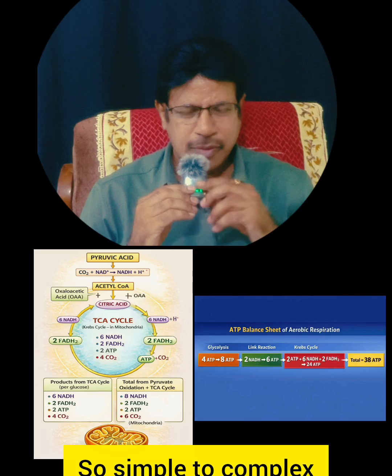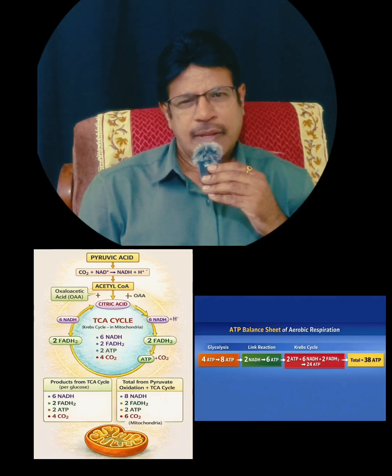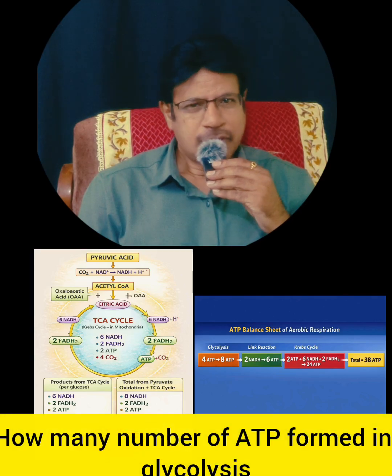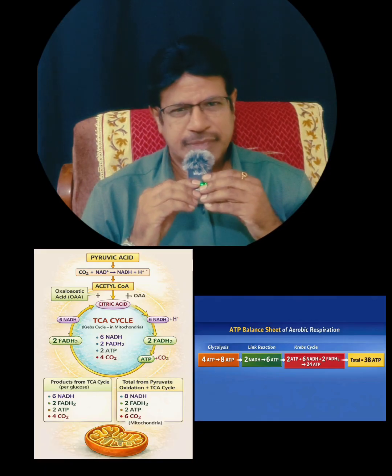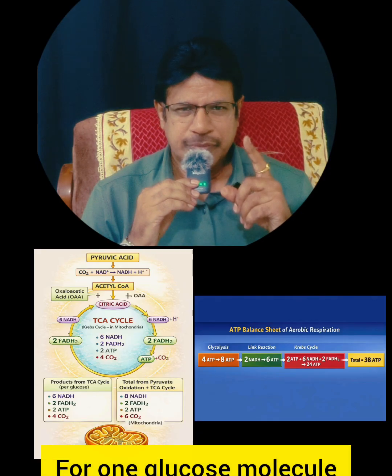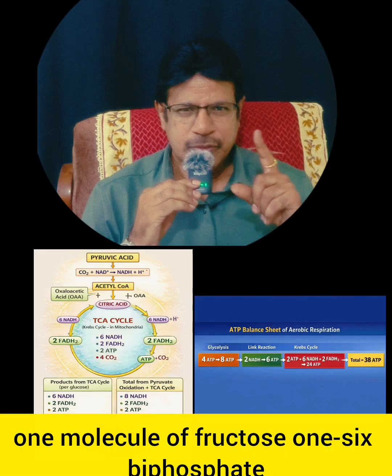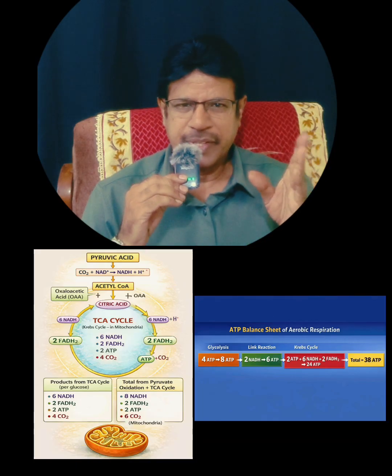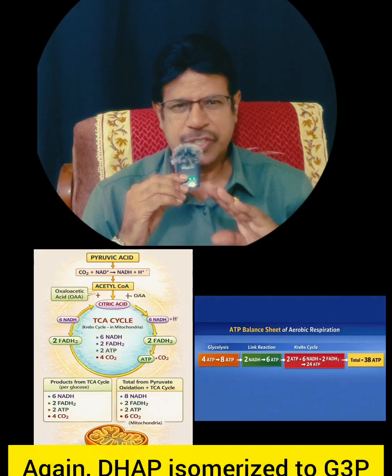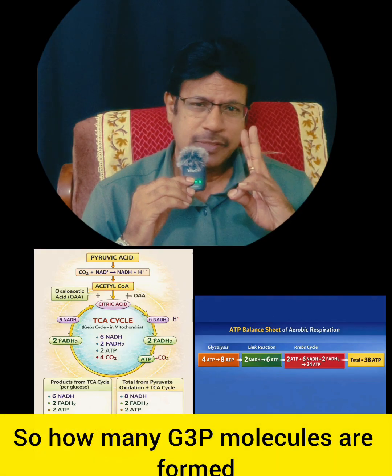So, simple to complex. How many ATP are formed in glycolysis per one glucose molecule? Per one glucose molecule, one molecule of fructose 1,6-bisphosphate is cleaved into G3P and DHAP. DHAP is again isomerised to G3P. So how many G3P molecules are formed?